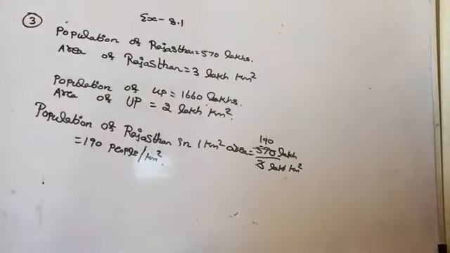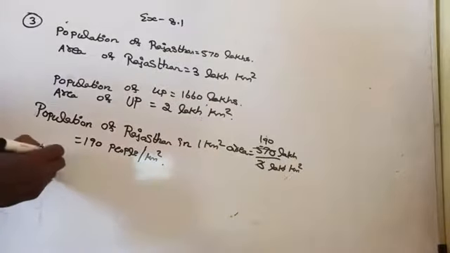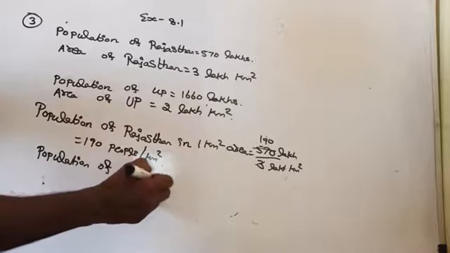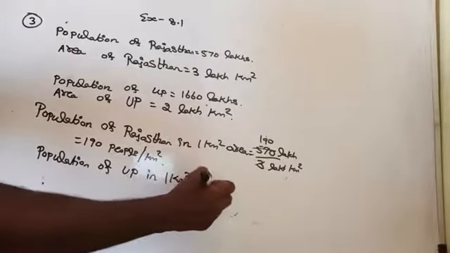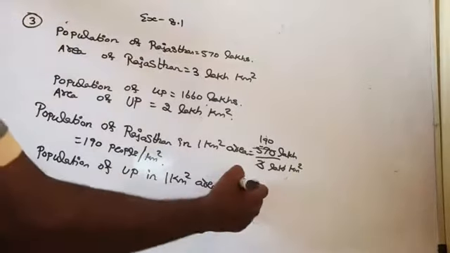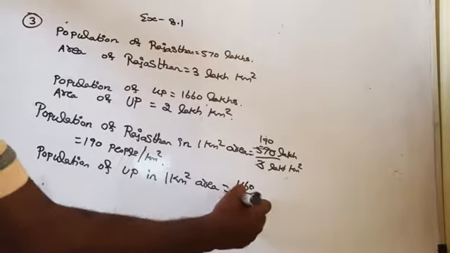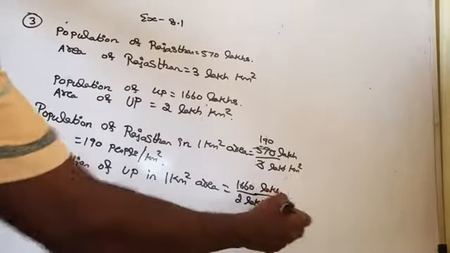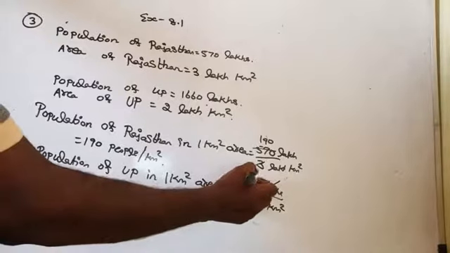Right? Now in the same way, find the population of UP in 1 kilometer square area. The population of UP in 1 kilometer square area is equal to 1660 lakh by 2 lakh kilometer square. 1 2 is 2, 8 2 is 16, 830.